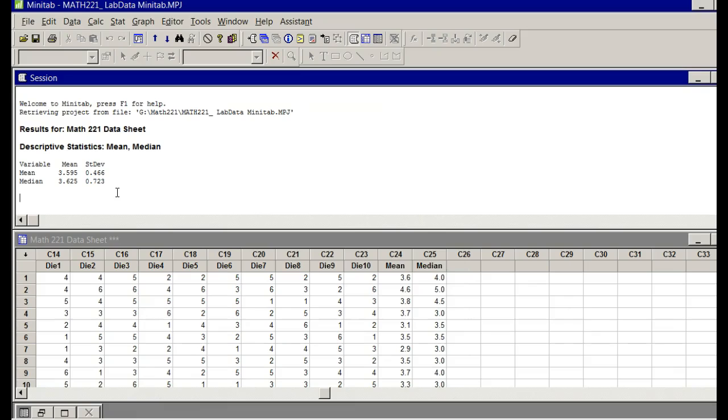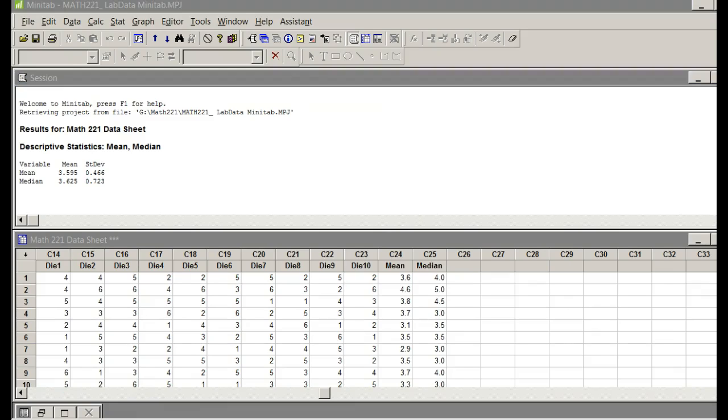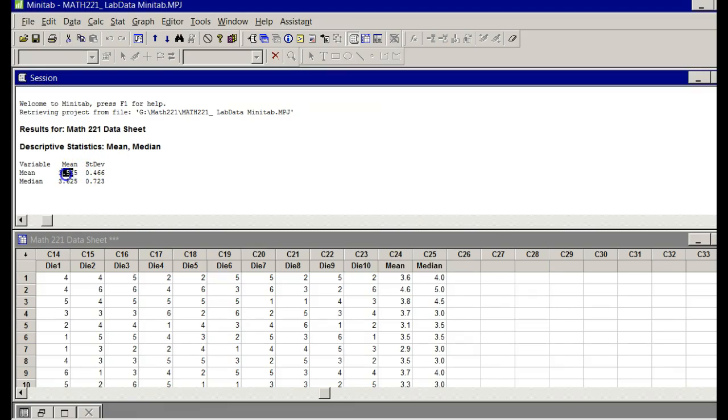So for mine, I would type in, or you can copy and paste, but in number 3 they ask for the mean of means. So I would type in 3.595, and then they ask, is this generally centered around the parameter of interest?